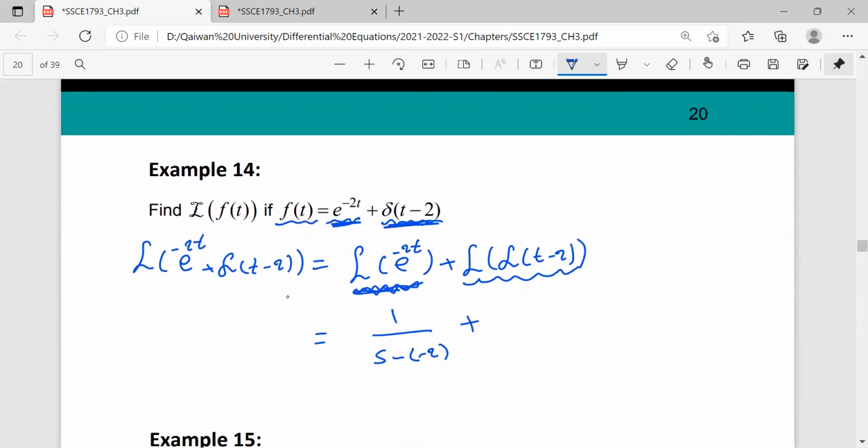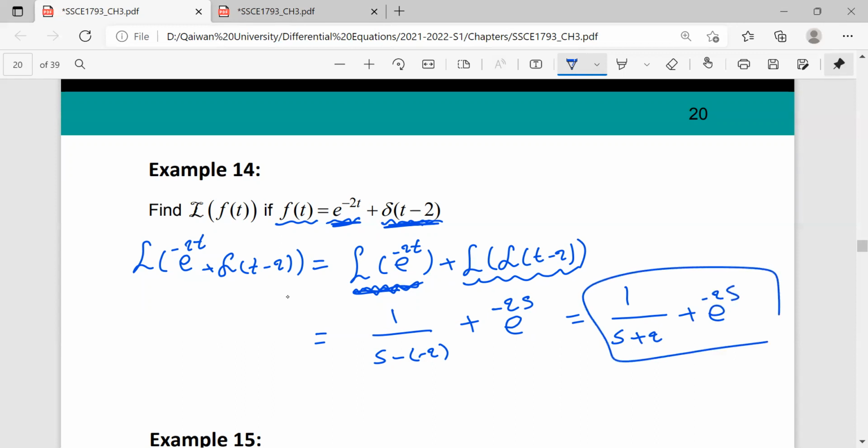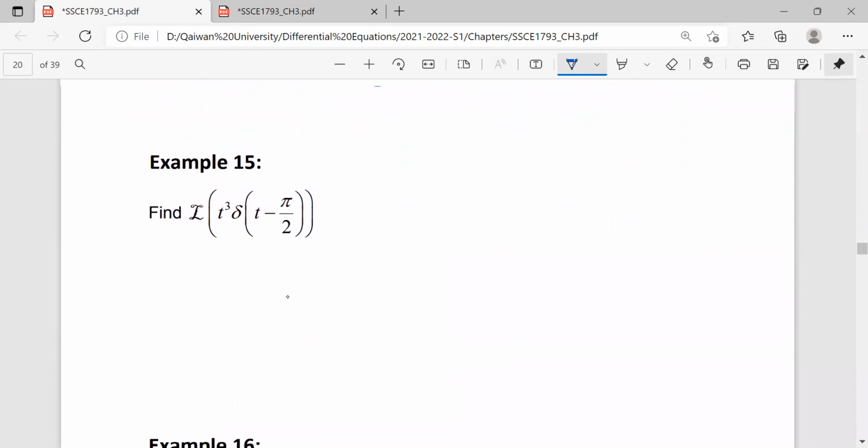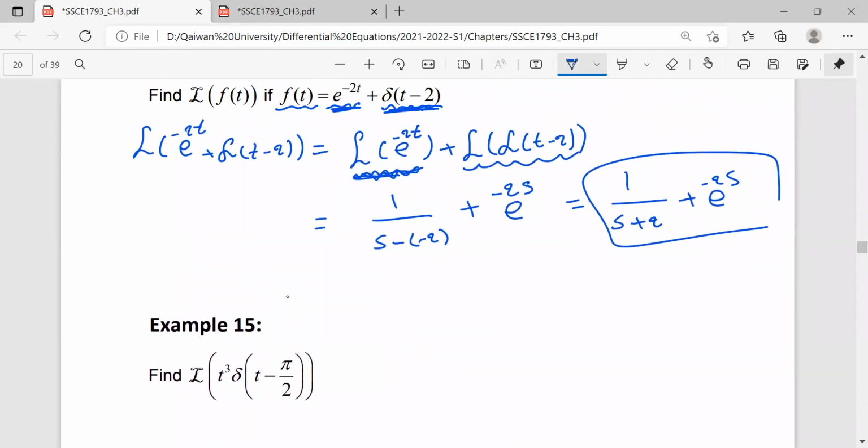Here, a is 2, so e to the power minus 2s. This equals 1 over s plus 2 plus e to the power minus 2s. This is the Laplace transform for f of t. It's only applying the rules. If you just know the rules, it's easy.